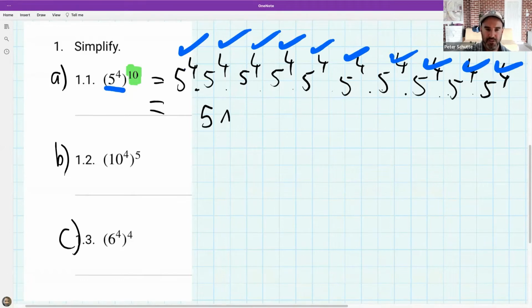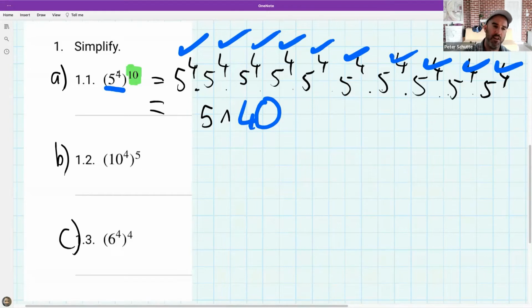Now, what does 5 to the 4 mean? 5 to the 4 means 5 times 5 times 5 times 5. But what you quickly realize is that there's 10 of these, and there's 4 in each one, so it'll be 5 to the power of 40.